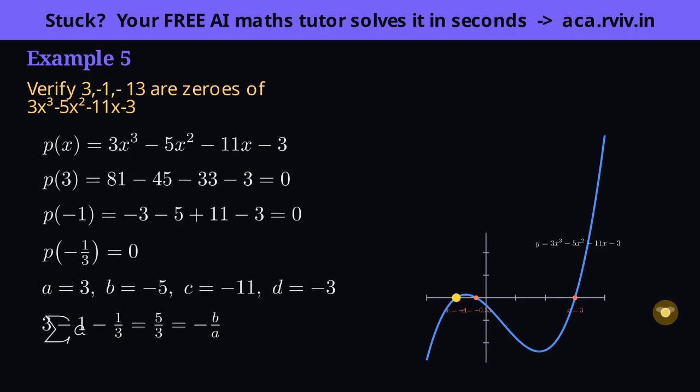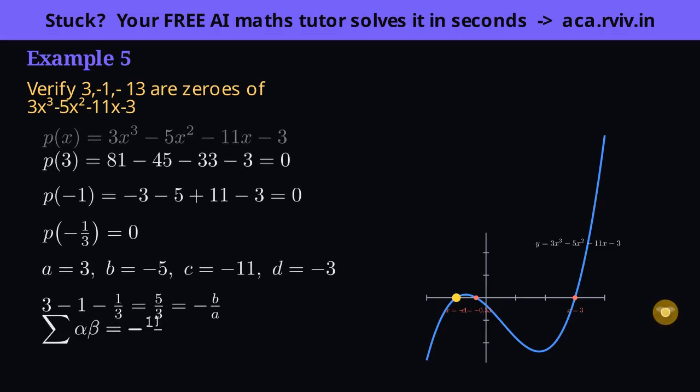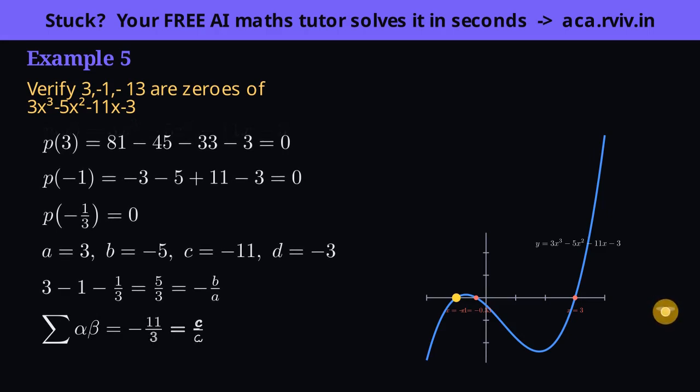Two more, unique to the cubic. The sum of the zeros taken in pairs equals c over a, that's -11 over 3, and the product of all three equals minus d over a, which works out to 1. Both check out, so the cubic's whole relation set is verified.